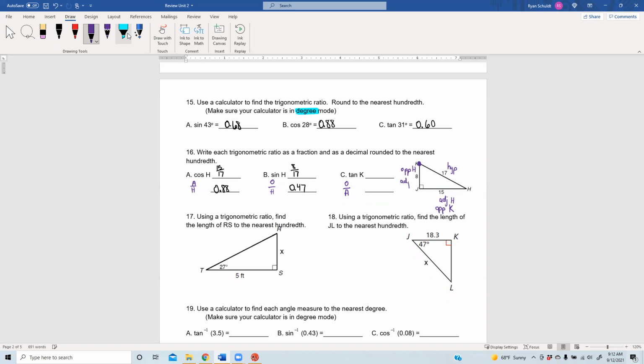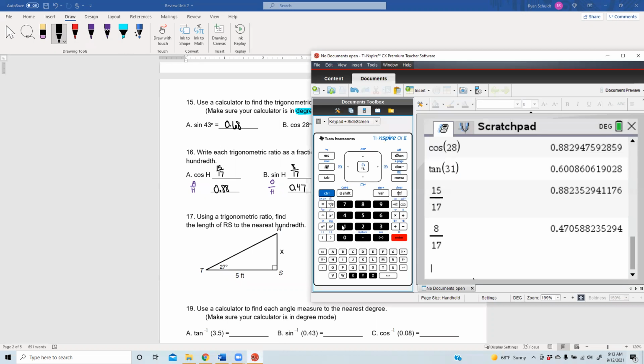Adjacent to K is the 8. So that means this is going to be 15 over 8. And that as a decimal, 1.88.